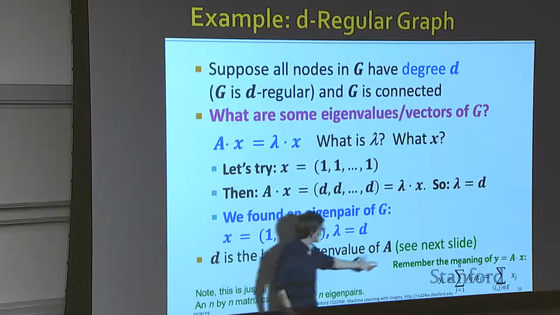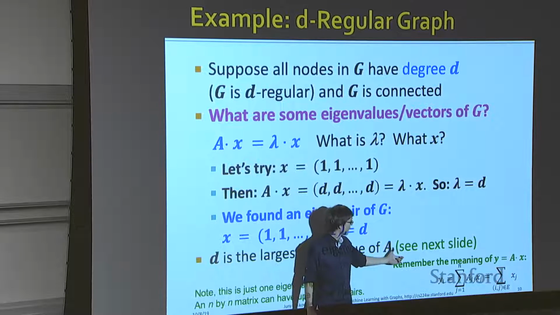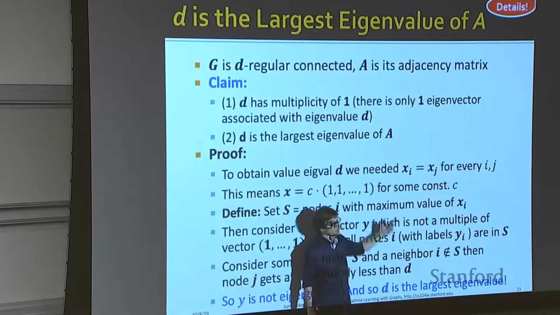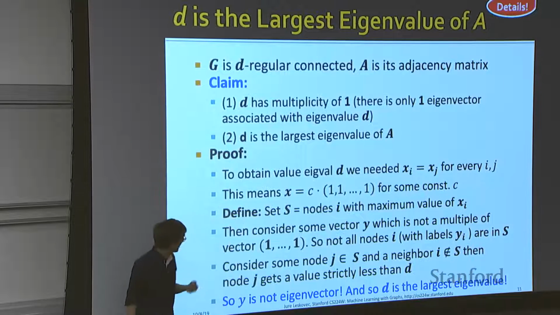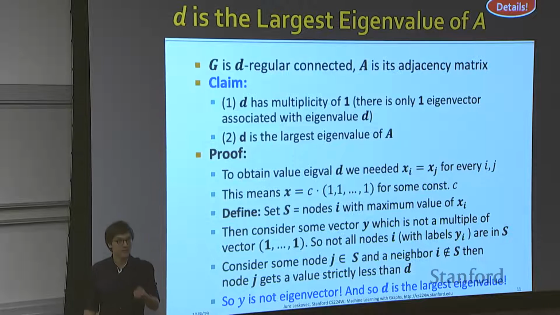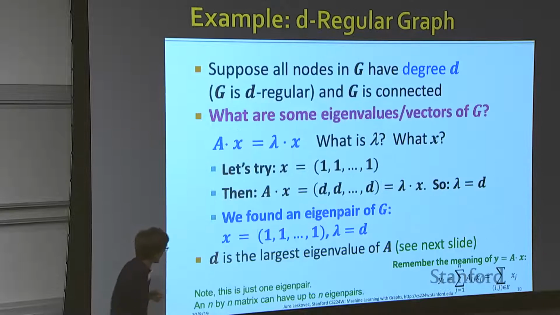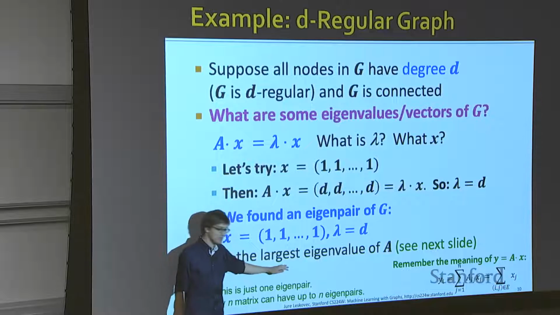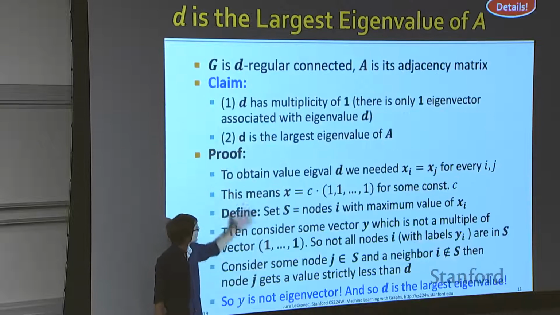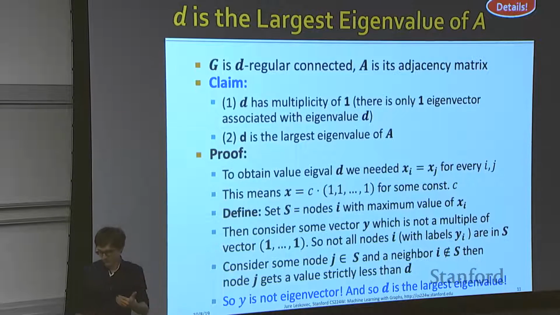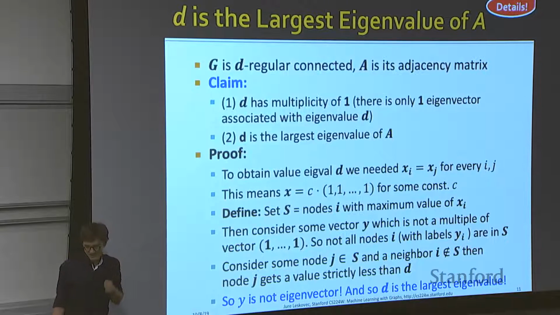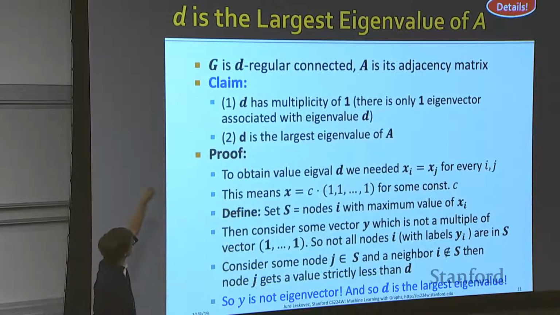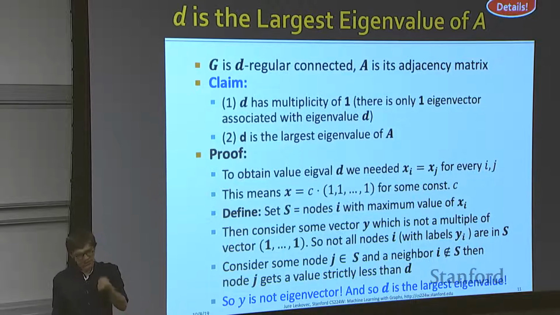What I will do in this lecture is I have a lot of slides that have details up there, and I won't go over them, but essentially they give you proofs for some of the claims I will make. For example, if you don't believe me that this is the largest eigenvalue, then you can find the answer here. But I won't go over these proofs in the lecture. So you should believe me that d is the largest eigenvalue of this adjacency matrix A of a d-regular graph.